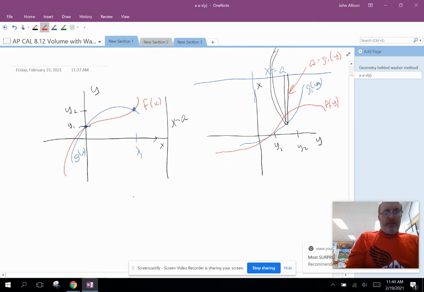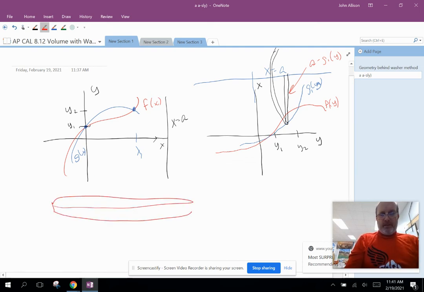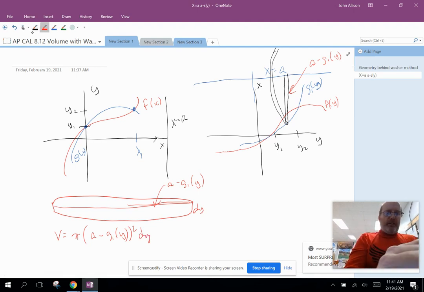So this time, our big disk radius is going to be a minus g1 of y. And of course, the width is going to be dy because we've got a perpendicular y-axis. The volume of one of these is going to be pi times the radius squared times dy.